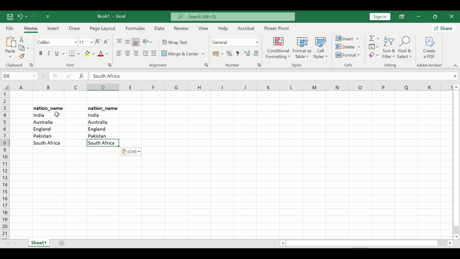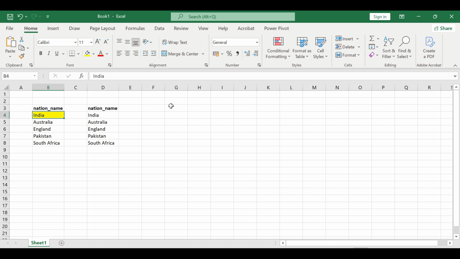How? What cross join will do is it will join all the rows of this left table with all the rows of this right table. So India will be joined with all these 5 nations, and then Australia again will be joined with all these 5 nations, and so on. For example, let's mark India.